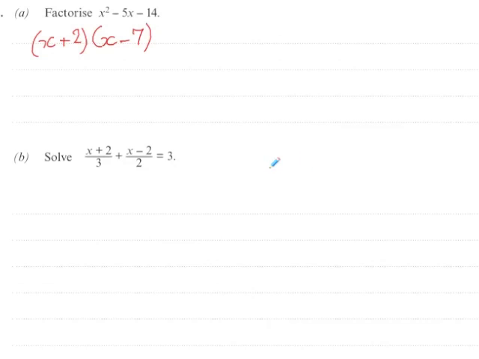So for instance, I'm just going to write this down here. Half, if you multiply the top and bottom by 2, you get 2 over 4. You can multiply the top and bottom by 10, so you get 10 over 20.